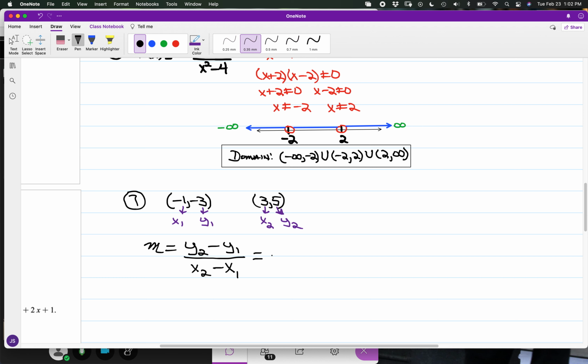So for the slope itself, designating what I have for the first and second set of x and y values, for y2 minus y1, we have 5 minus -3. And for x2 minus x1, x2 is going to be 3, and we have minus x1, so we have minus -1.